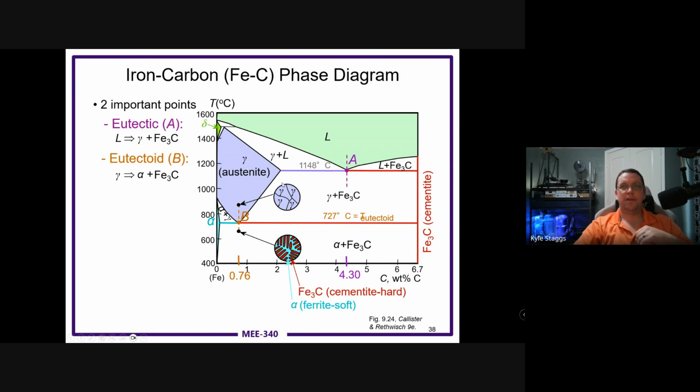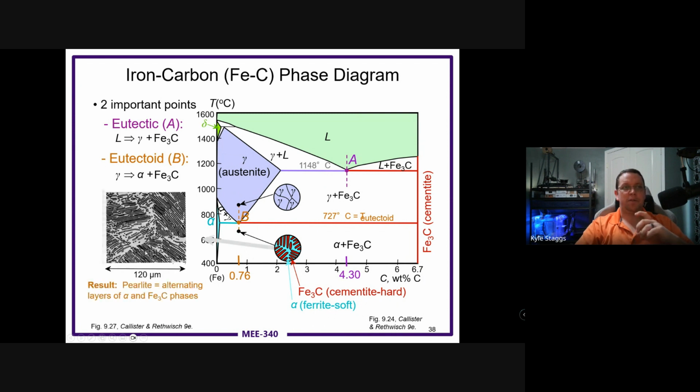Things with a lot of stacked layers tend to resist force much better than things that are not stacked. For instance, in this phase, these might be arranged more like marbles or blocks that can slide past each other. The cementite makes it very hard for those grains to move, which makes for a harder material. But there's some spring and resilience to the material because of the alpha phase that's still there. So the different ratios change how those behave. And so this is kind of what that grain pattern looks like, which is why I use that phone book analogy, right? So you have some kind of grain boundary here, another one here, maybe another one here.